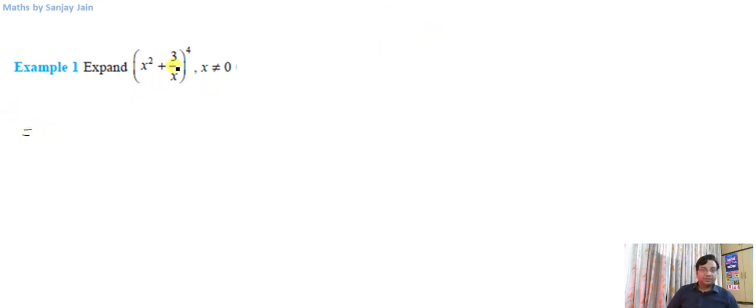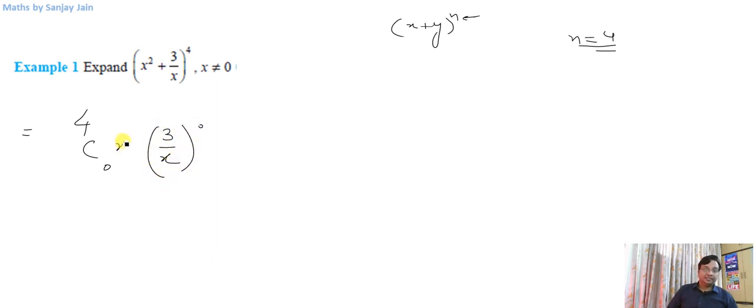So this will be equal to, what is n in this case? When I write the formula for (x + y)^n, what is n in this case? n is equal to 4. 4C0, I'll start with 4C0, and then (3/x)^0 and (x^2)^4.